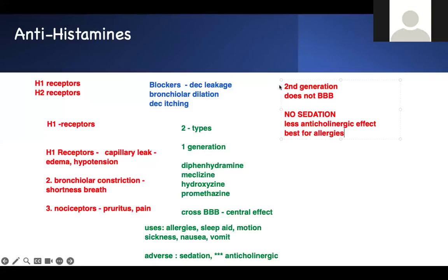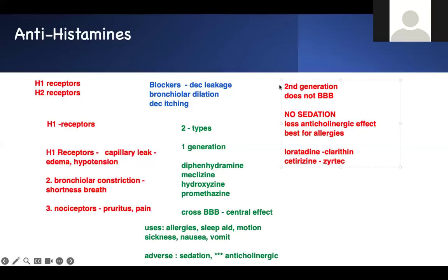So if you have allergies, it's better to choose a second generation H1 blocker, which is what? Loratadine. You've seen it before. This is what we call Claritin, right? Or cetirizine. This is what we call Zyrtec, right?